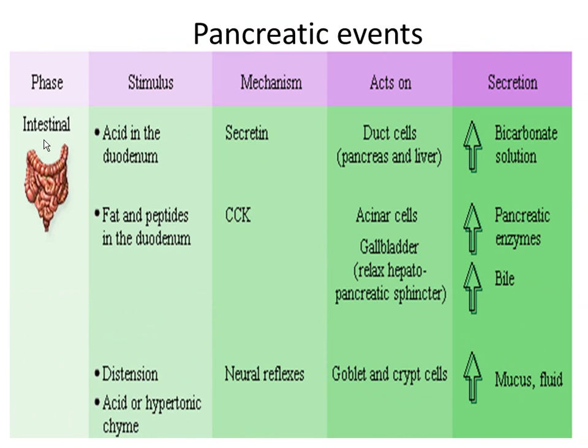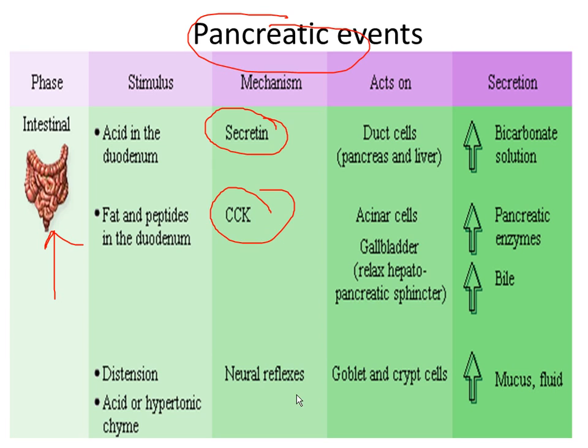Just to point out, our pancreas is an accessory organ, but it is by no means lazy. We can see that it gets controlled in our intestinal phase. Secretin acts on it, CCK acts on it, and neural reflexes act on it. And you can see the stimulus is a little bit different. Reflexes are because of chemoreceptors and pressure receptors. CCK is because of fat and some proteins. Secretin is because the chyme is more acidic.